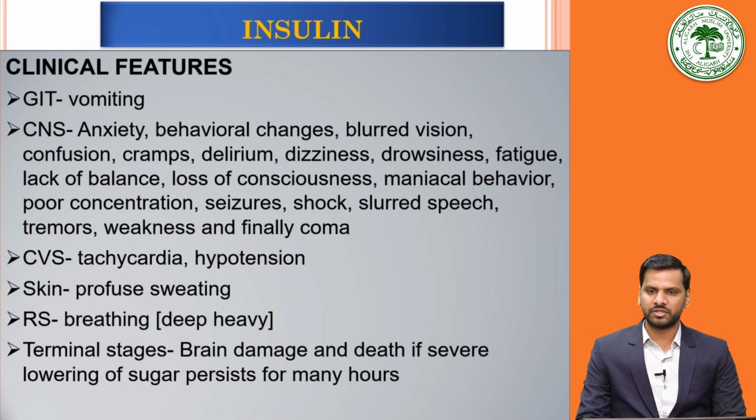The severe symptoms include tachycardia and hypotension. And dermal manifestations are profuse sweating only. If we talk about the respiratory system, it includes deep, heavy breathing. And in terminal stages, there will be brain damage and death if severe lowering of sugar persists for many hours.